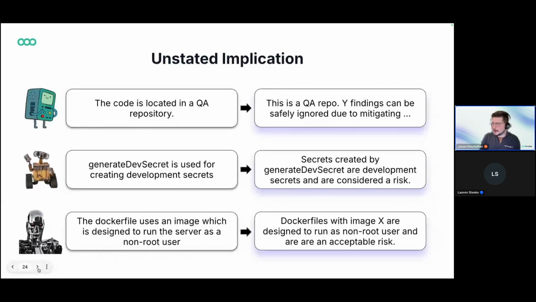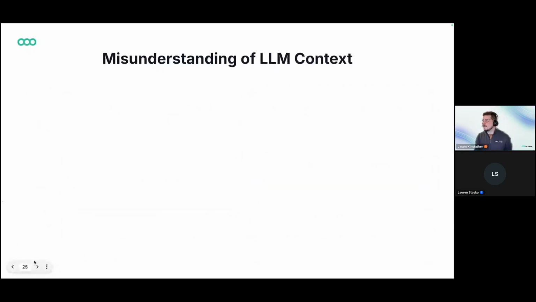As a third and final category, just a misunderstanding of what the LLM can do and what it's actually looking at. When Semgrep Assistant analyzes a finding, there's a few things that it brings into the analysis. It brings in the actual code that was matched by Semgrep, along with 30 lines above and beyond each point in the data flow of the finding.